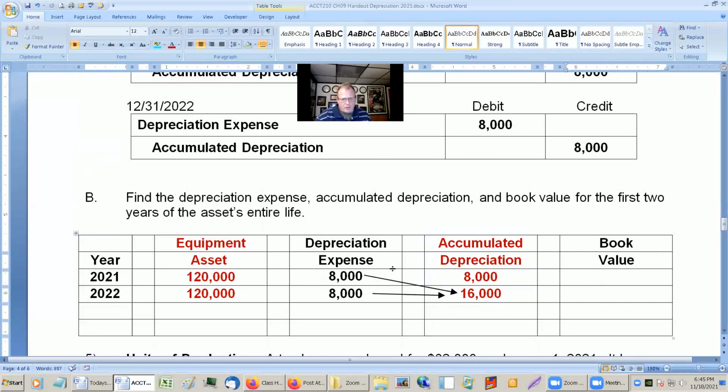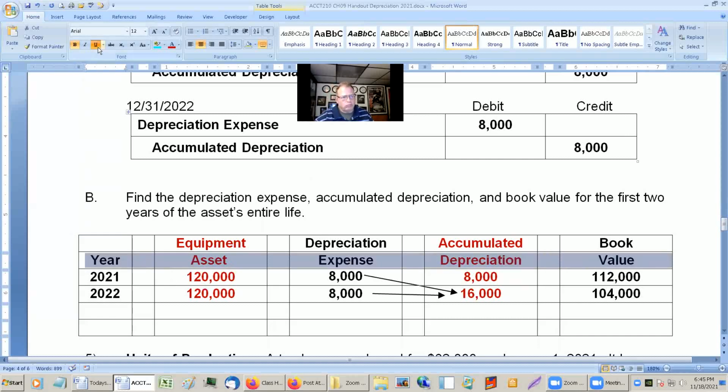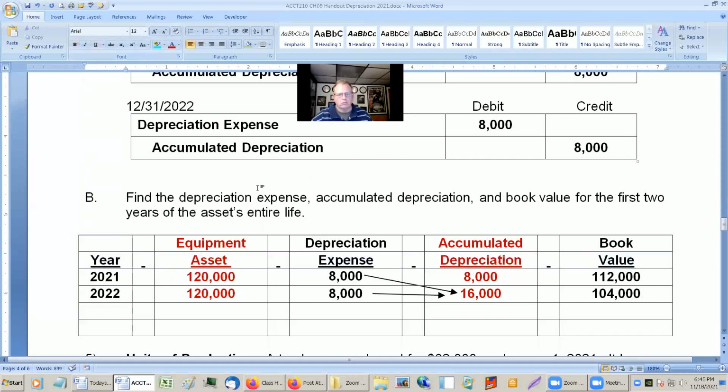So book value would be 112,000. 104. Yep. Alrighty. Okay. And so this would be minus.